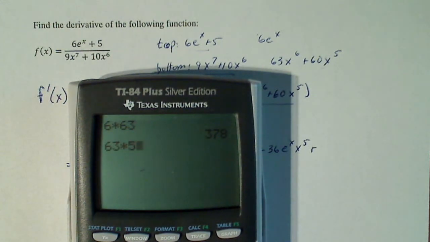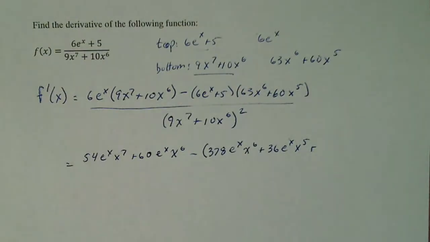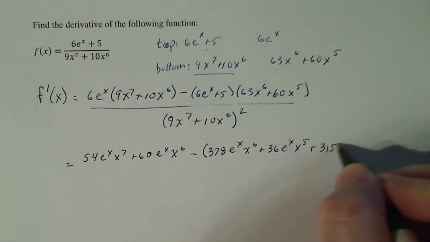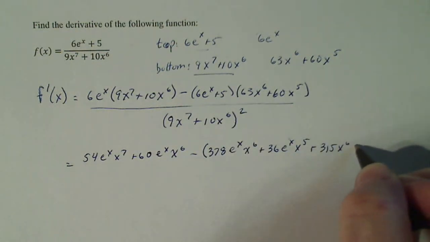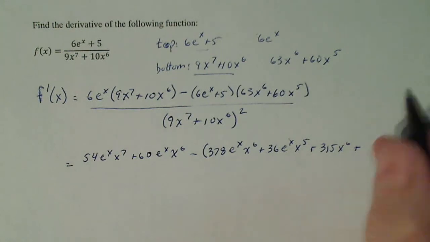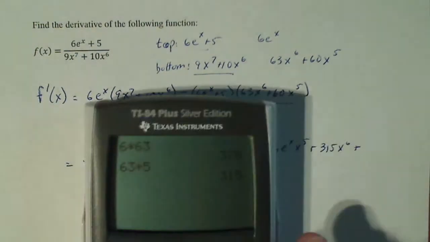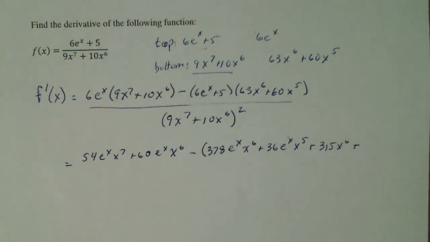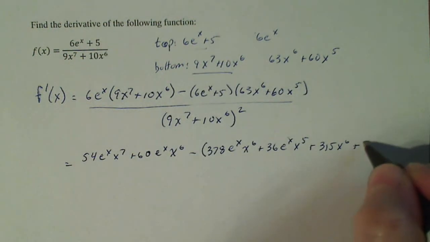Sorry, I don't have this stuff all memorized. 315. 315x to the 6th, plus 5 times 60. I think that's 300, but I'm going to check it. 5 times 60. 300 x to the 5th.